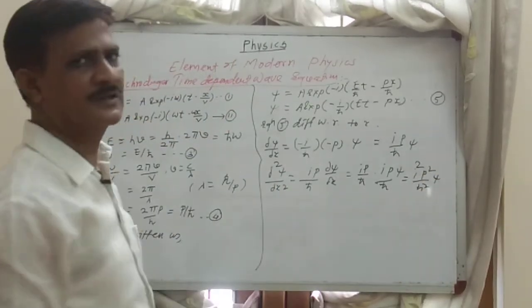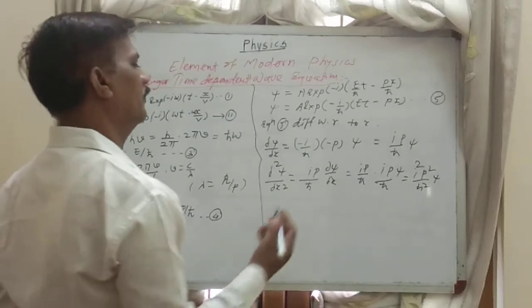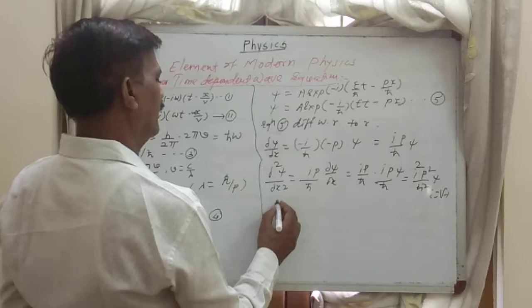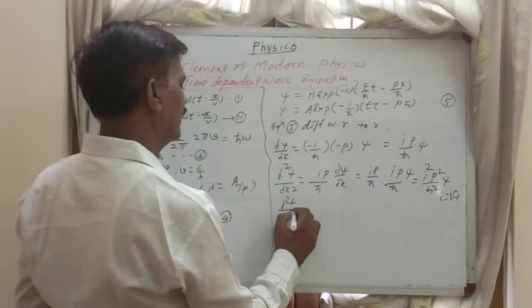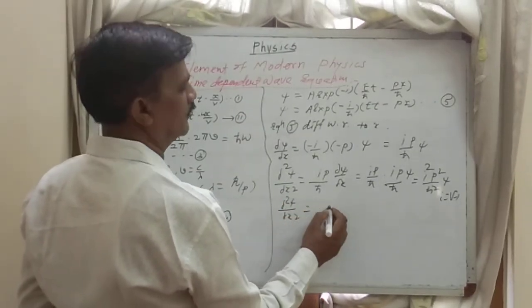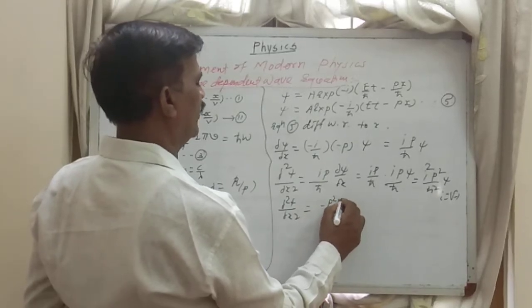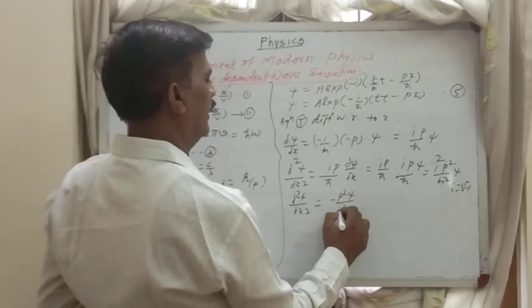We know i is root minus 1, so del square psi by del x square is minus p square psi by h cross square.